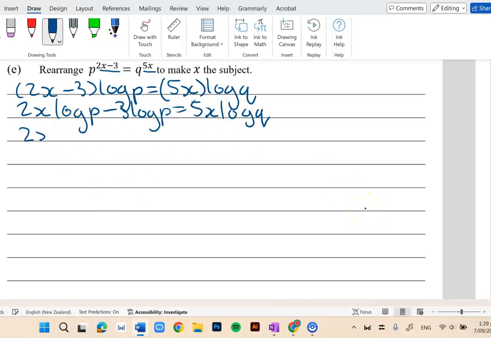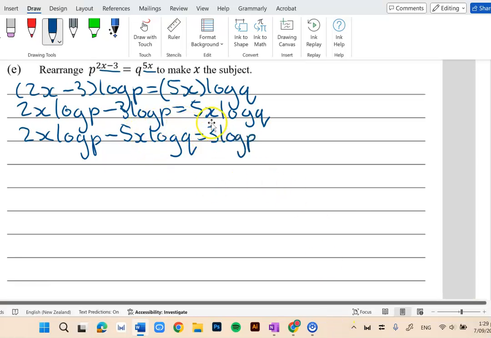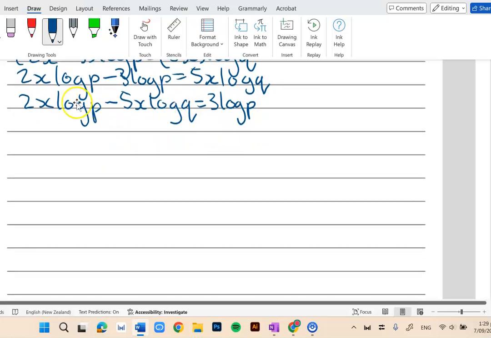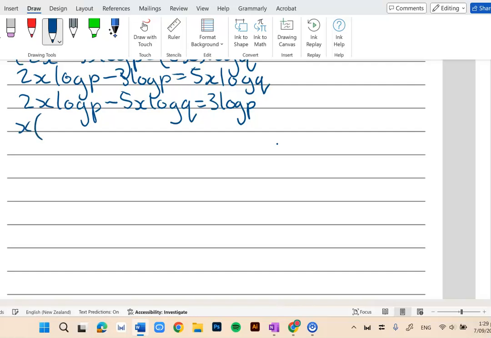So 2x log p minus 5x log q equals 3 log p. It becomes a positive now because we've moved it to the other side. So now we're going to factor out this x. So x times 2 log p minus 5 log q will equal 3 log p.